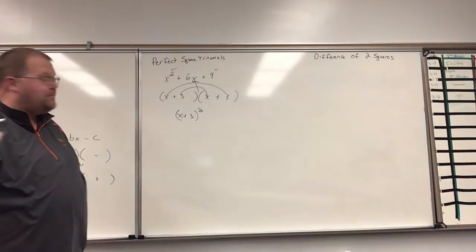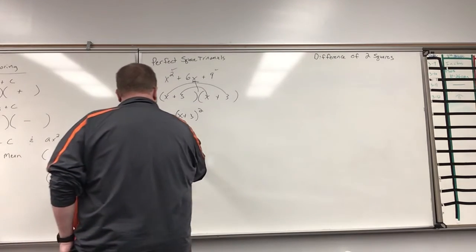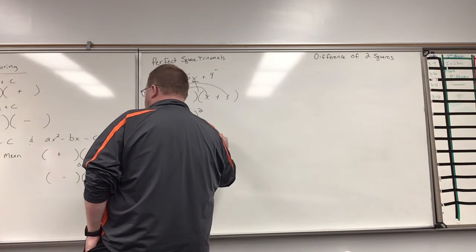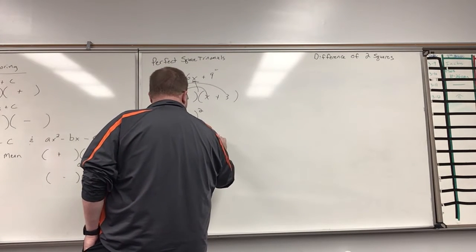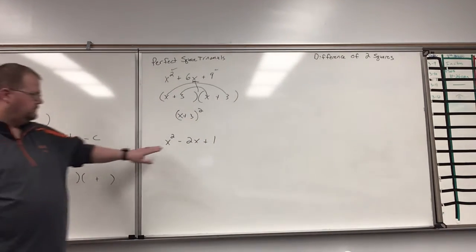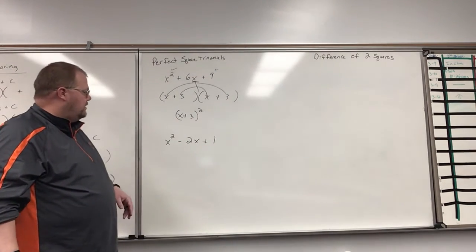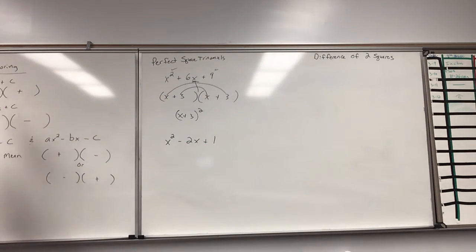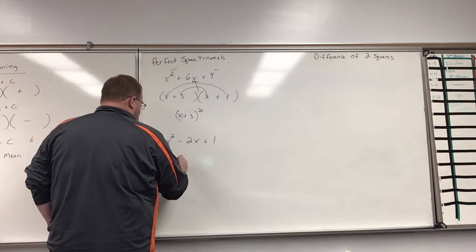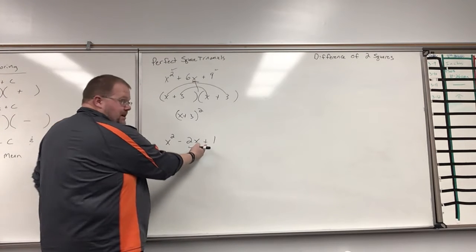Okay, it works the same way if we did a minus. How about we do x squared minus 2x plus 1. Now we see it's minus plus, so what's that tell us from that other thing? It means they've both got to be either positive or negative.